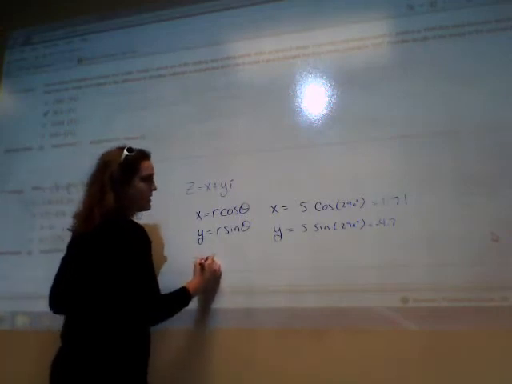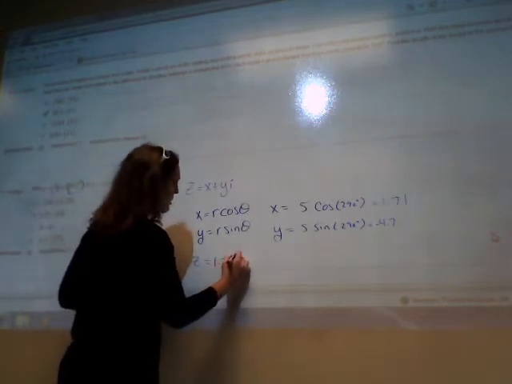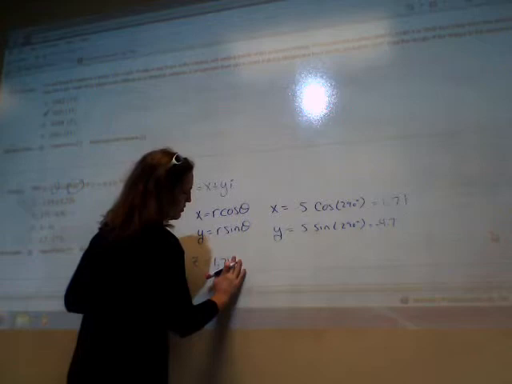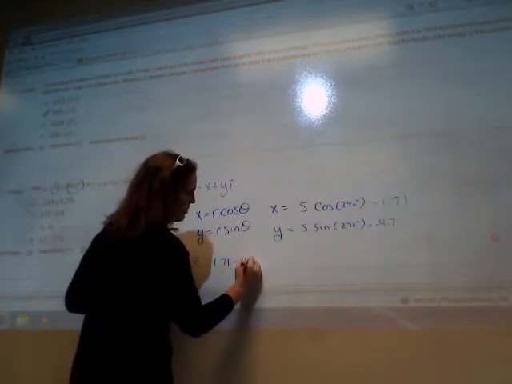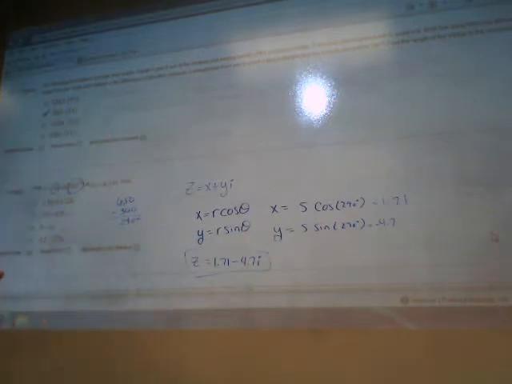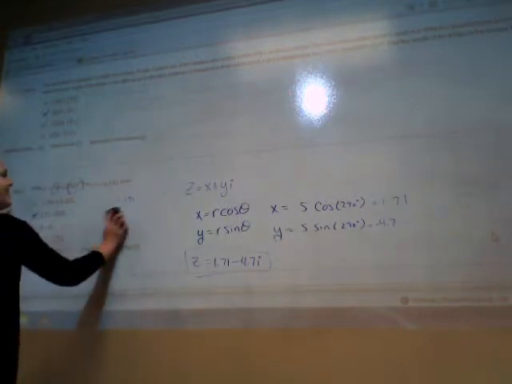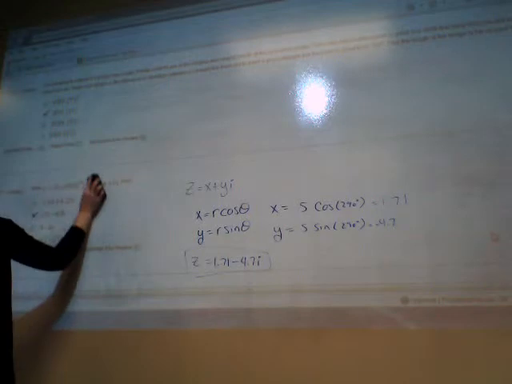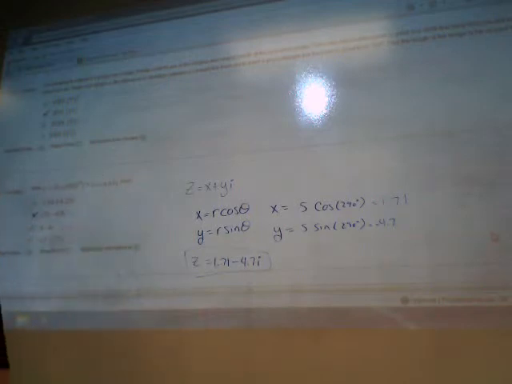So what we get is that z is equal to 1.71 plus, or let's go ahead and just do minus here, minus 4.7i. Everybody good with this? Simple, right? This is easy?